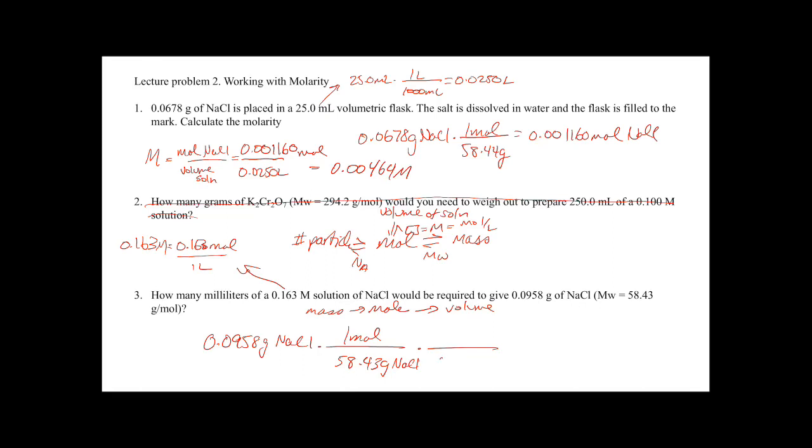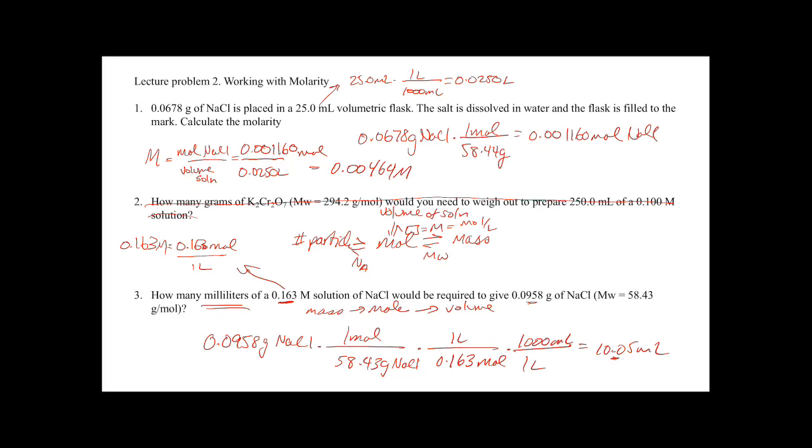So we can write in our unit conversion 0.163 moles for every 1 liter. Now the question asks us for milliliters, so our last step is that for every 1 liter, there is 1,000 milliliters. When you do the math out, what you're going to wind up getting is 10.05 milliliters. And if we do significant figures, we have 3 significant figures there, and 3 significant figures there, so we're going to have 3 significant figures over there.